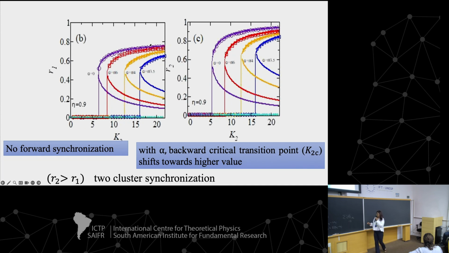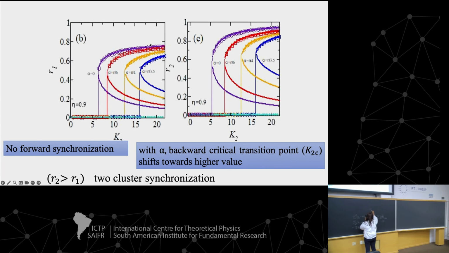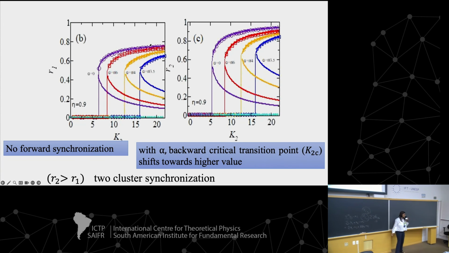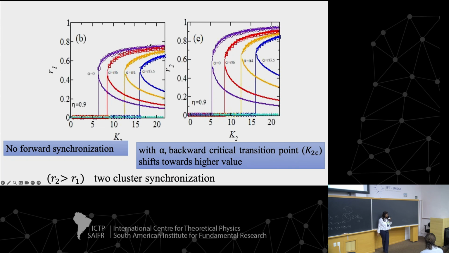I have N choose 3 triangles in the network, N choose 2 pairwise and N choose 3 triangles, and I have taken all of them here. If you have your adjacency tensor, you can say which triangles you want to take and which triangles you don't want.